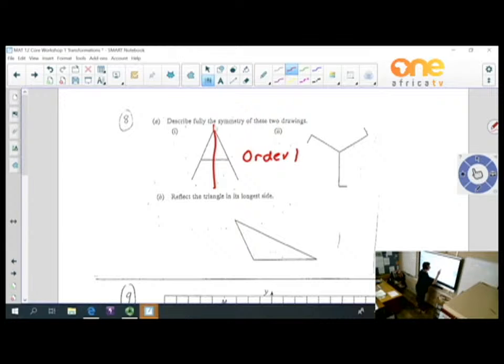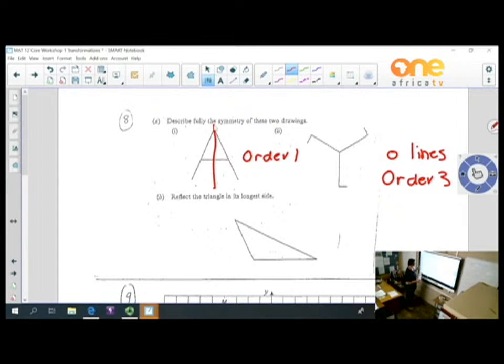Look at this one. Lines of symmetry, 0. No lines of symmetry. And then order, how many times will this one be able to turn around? 3. Order 3. Use your tracing paper if you're in doubt.